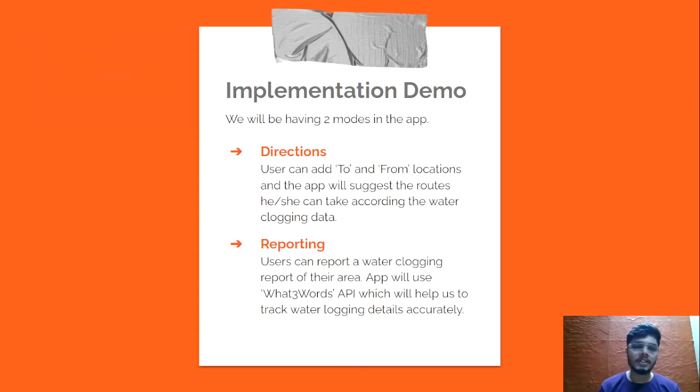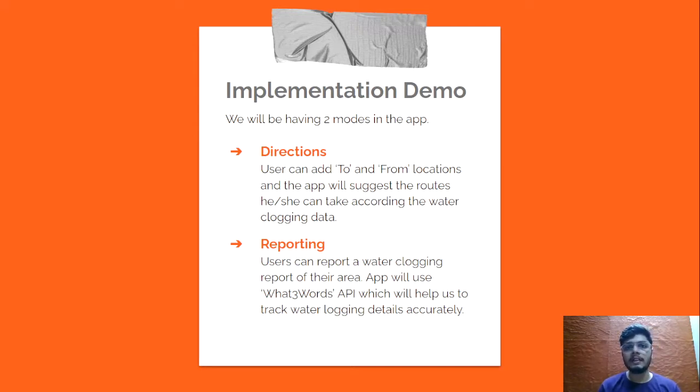So implementation demo. When you go in the app, you will have two modes. One is directions and one is reporting. Let's talk about reporting first. Here I am using an API from a company called what3words. They have split the globe into 3 by 3 squares, and each 3 by 3 square on this globe can be uniquely identified with 3 words.